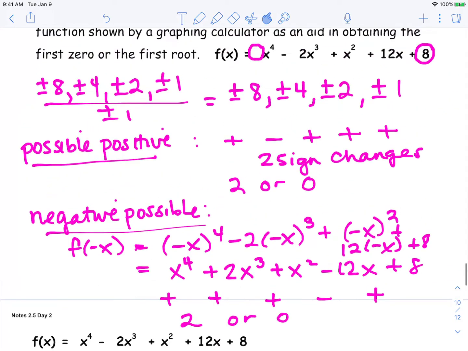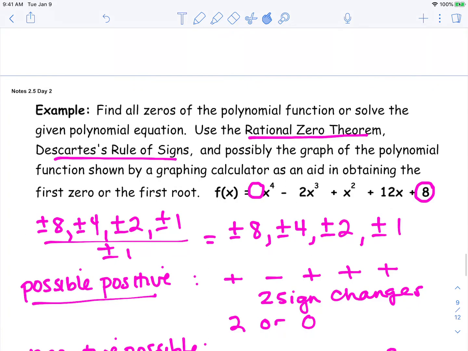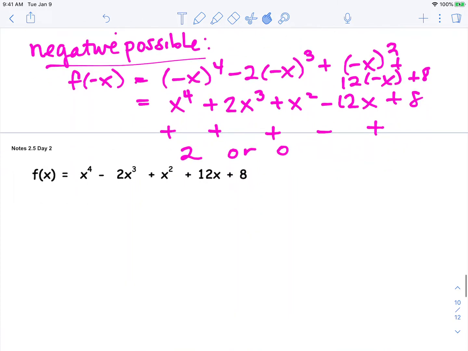What you could do next is you can now start by graphing the function with your graphing calculator to help find that first 0 or root. So go ahead and type this into your graphing calculator or the Desmos app. And here would be your x and y axes.